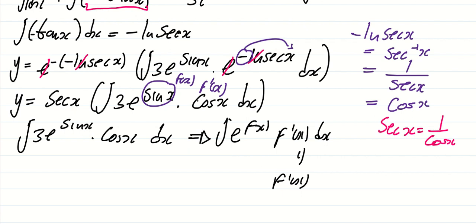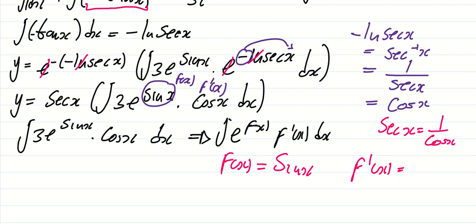So in this case, we identify our f of x. f of x is equal to sine x. Then the f prime of that will be equal to cos x. Is it the same as the original equation? You see there, that's your original f prime of x.